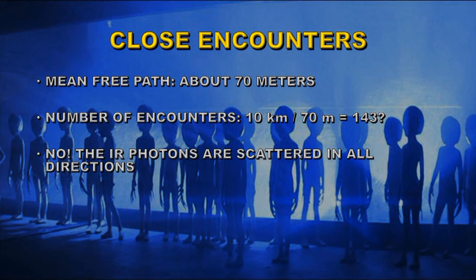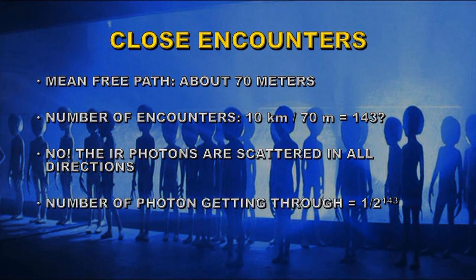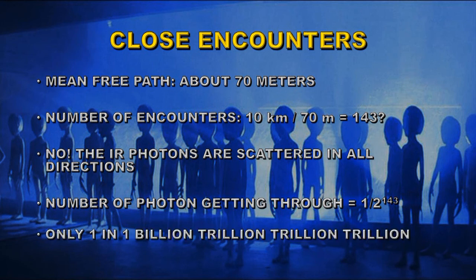Because when an IR photon encounters a carbon dioxide molecule, it's scattered randomly, so half of them will be heading forward and half of them will be heading back. So it becomes a random walk process and thus a power series. So the number of photons that would get through without striking a carbon dioxide molecule would be 1 over 2 to the power 143, which means that only one photon in 1 billion trillion trillion trillion photons would get through, i.e. none.